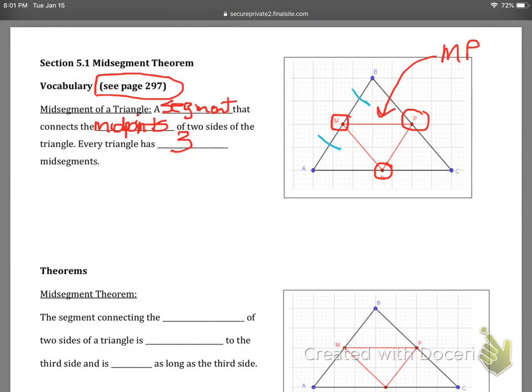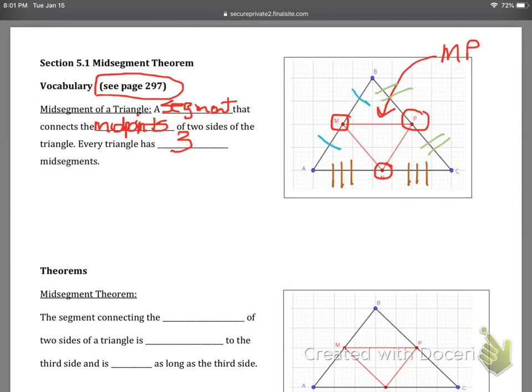BC has a midpoint in the middle, and that midpoint is P. So that means these two pieces are equal. And let's see what else we can discover. If N's a midpoint, then that means these pieces are equal. Okay, so we have a lot going on when we get these mid-segments done.